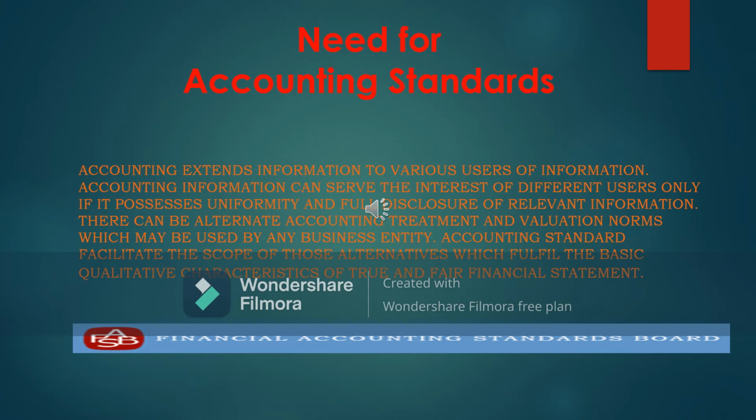So accounting standards are here just to maintain all the qualitative characteristics in any accounting system so that it will be reliable and uniform and anyone can easily trust that information. So this is the need of accounting standards.